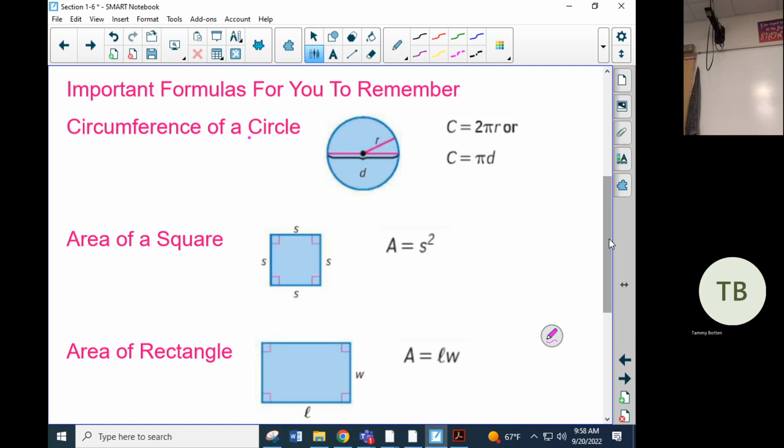The area of a square, you can actually do one of 2 ways. In a square, all the sides are the same. So say these are all 5s. The easy way would be to just take 5 and square it. If you wanted to use the formula for a rectangle's area, length times width, 5 times 5, that would be the same thing.